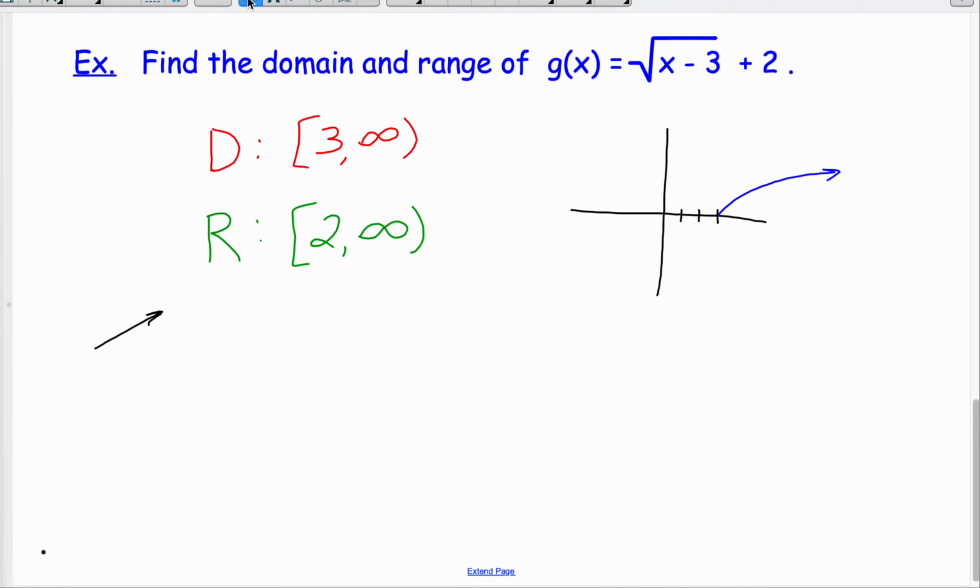Okay, how about the plus 2 after the square root? What does that do? Well, that's going to give me a vertical shift of up 2. And now, with my graph, what's my domain? Oh, x equals 3 to infinity. What's my range? Y equal 2 to infinity. So that's another way. And it's important to always try and make these connections between equations and graphs.